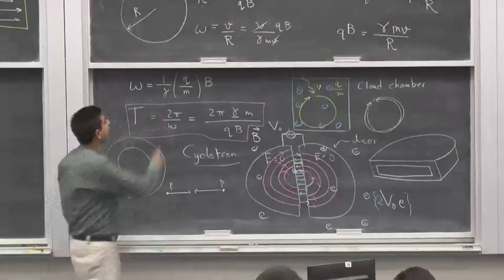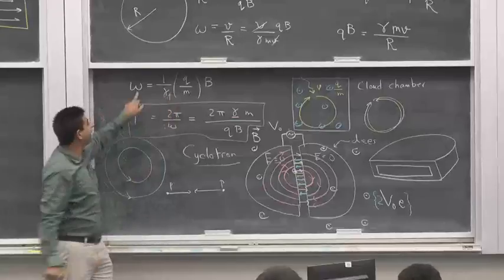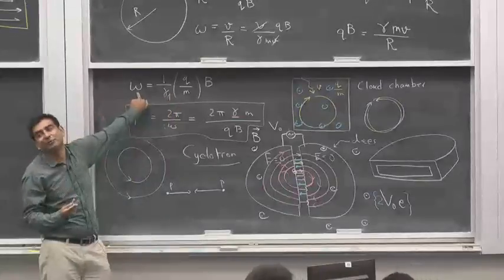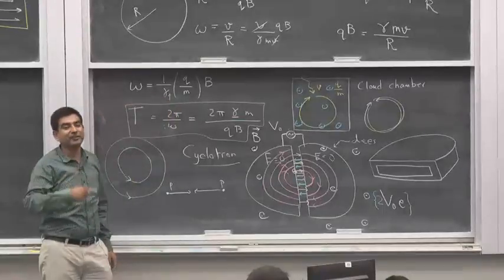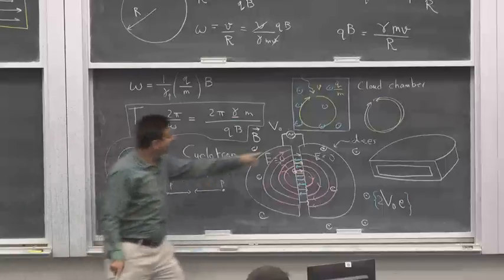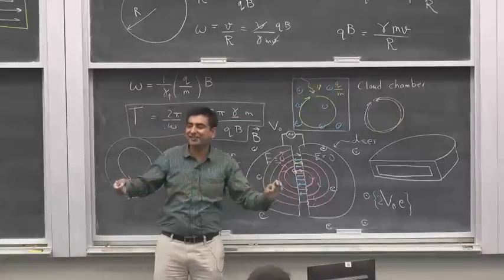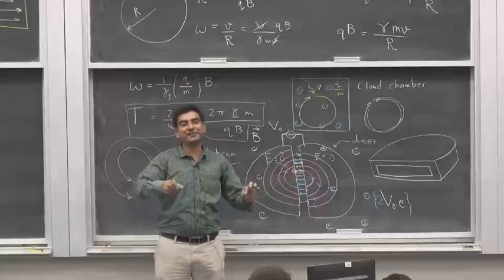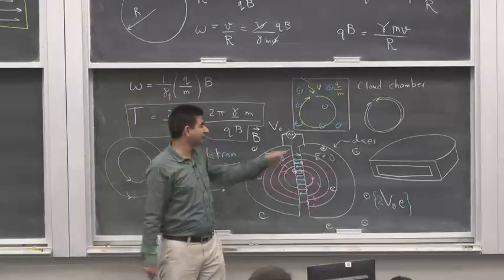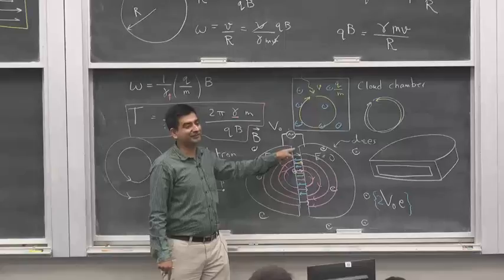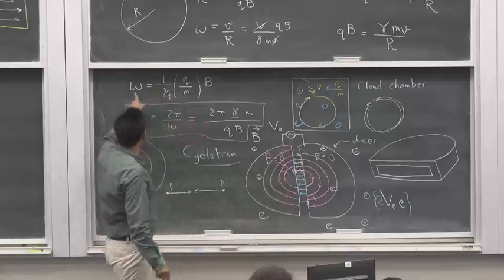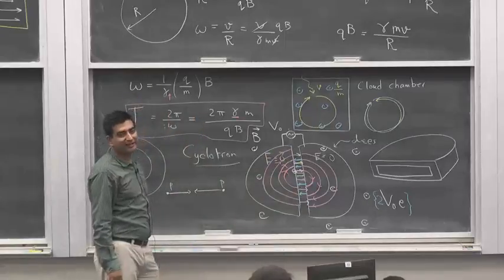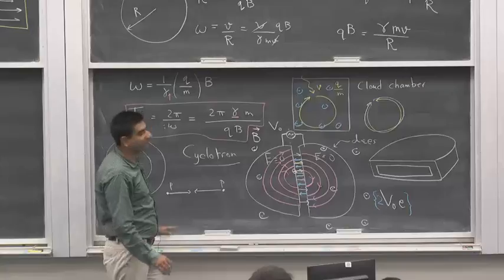So when gamma goes up, the angular speed goes down. When the angular speed goes down, the time period goes up. So this AC voltage has to be adjusted in such a way with the passage of time so that it is synchronized with the angular speed. And if it's difficult to adjust the frequency of this, so if this goes up, omega should actually go down, correct? In order to keep everything constant.